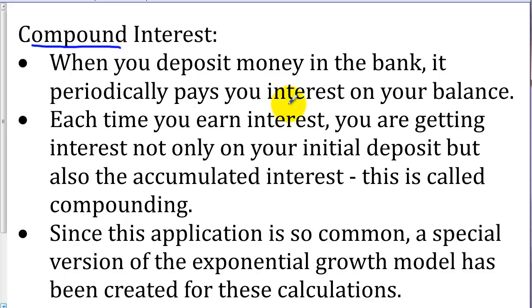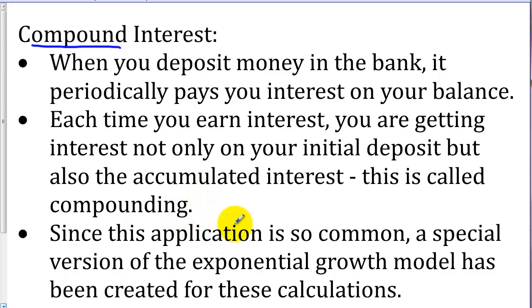When we're compounding, we put that money they pay you back into the bank account. And the next time they pay you interest, you're getting interest not only on your original balance, but on the accumulated interest. So the amount of interest we get the second time is going to be a little bit more because we're getting paid interest on top of our interest. That's called compounding.